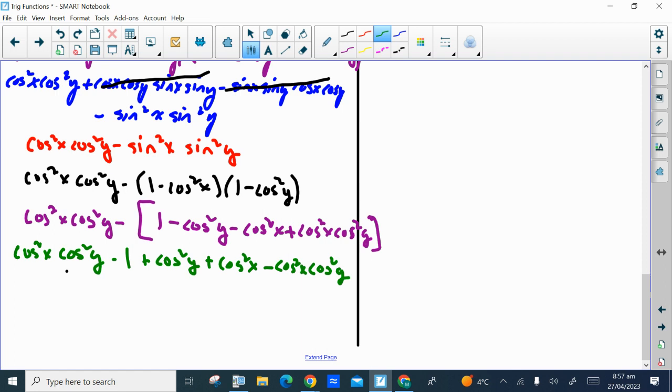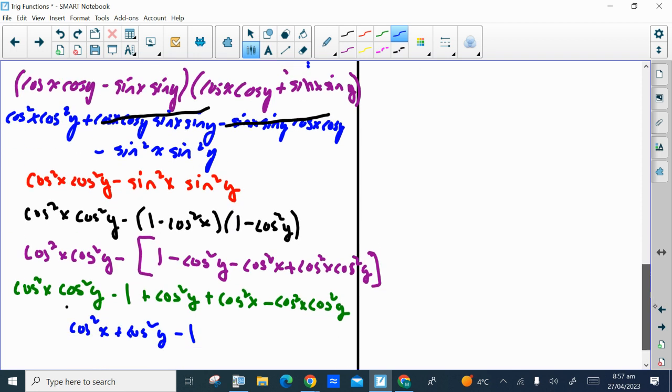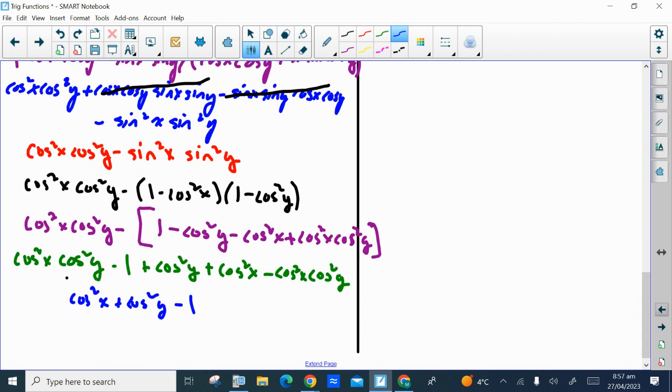And like we said, those cos squared x, cos squared y terms will cancel out. So we are left with cos squared x plus cos squared y minus 1, which is exactly what the right side is. So that one is done.